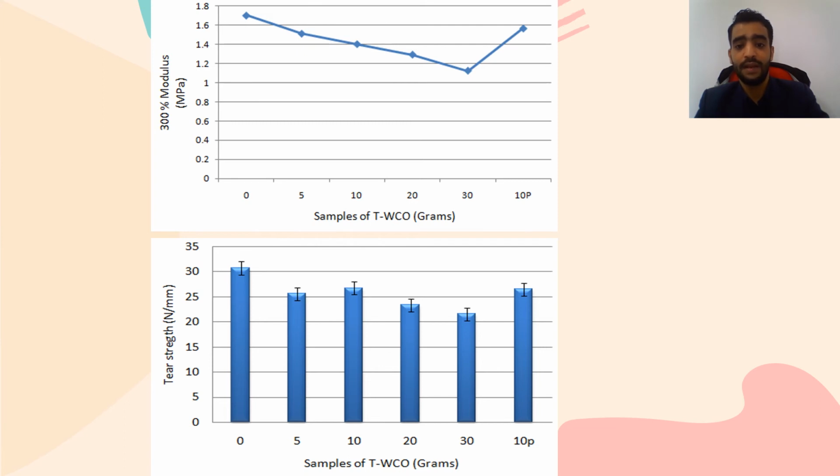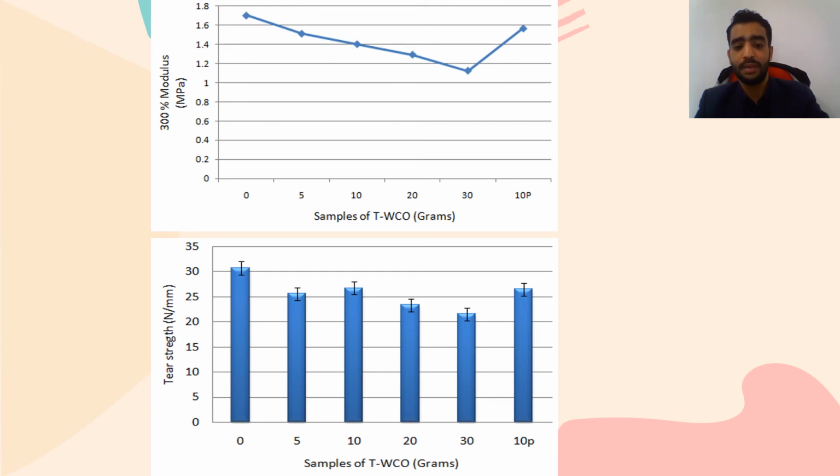There is a phrase known as anti-plasticization, which refers to the mechanical phenomenon defined by the increase in the stiffness of the rubber as a result of the inclusion of a tiny quantity of transesterified cocoa oil.